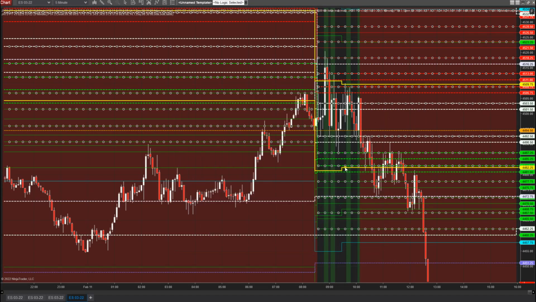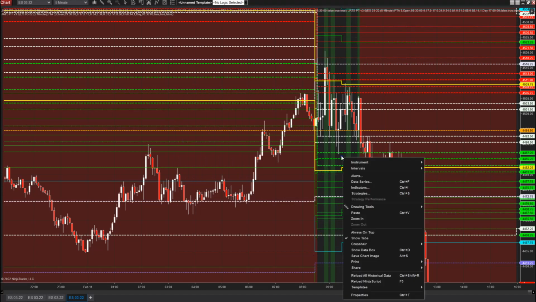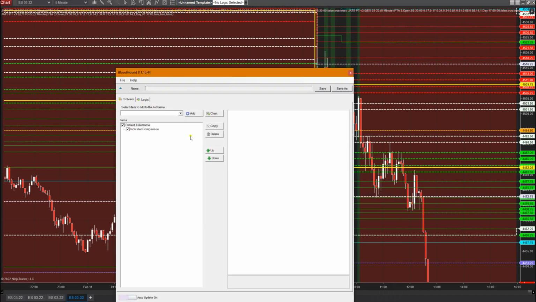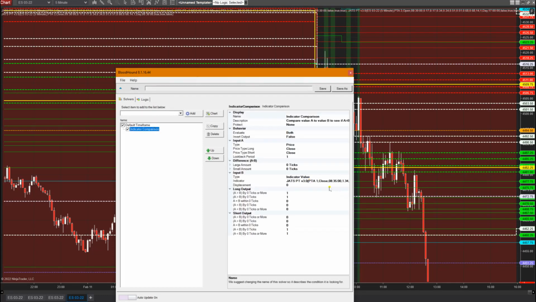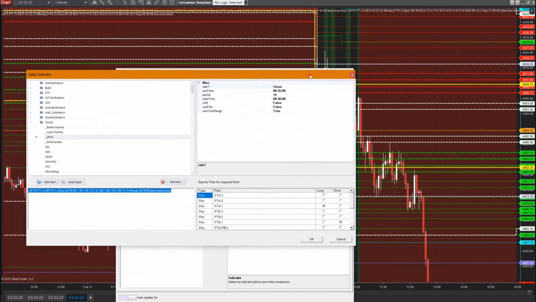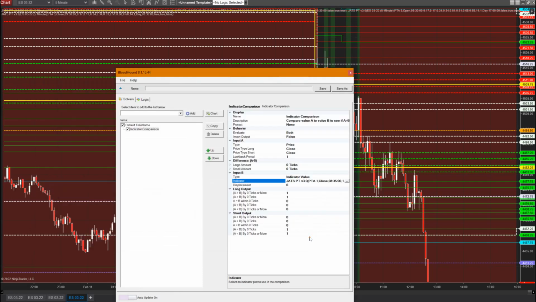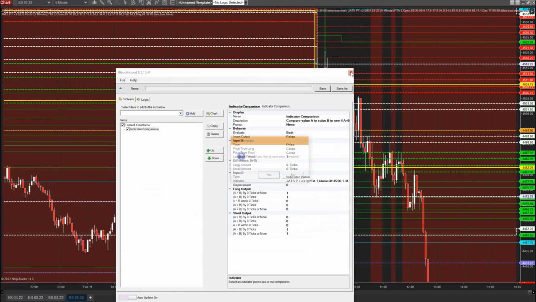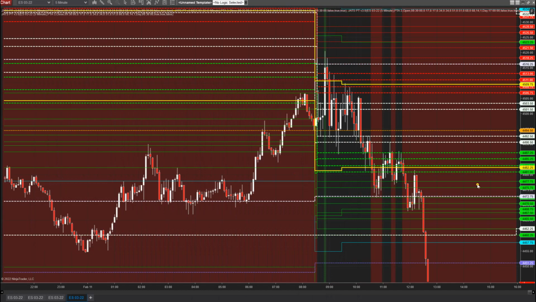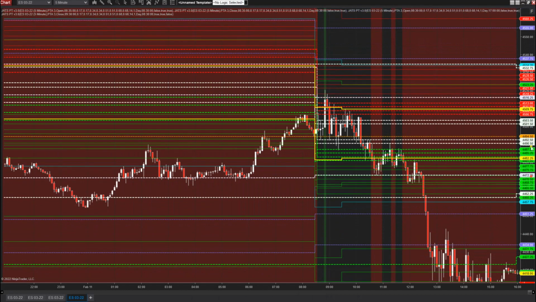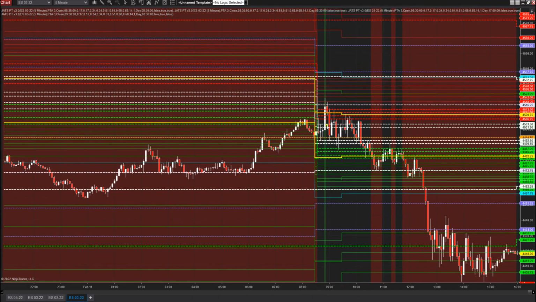But if we change that, instead of the 1 to the 3, there we go. That's what I was trying to get. There was a false start here.